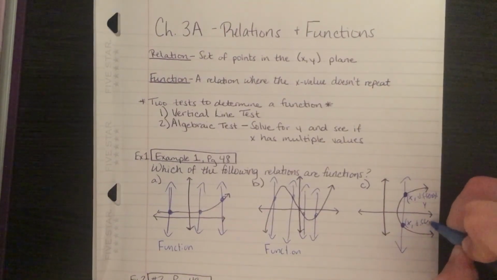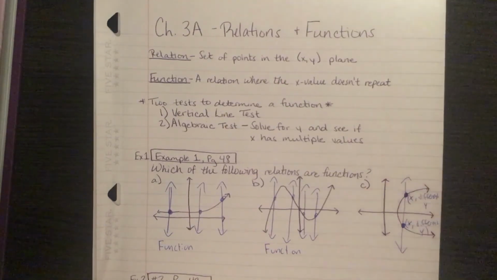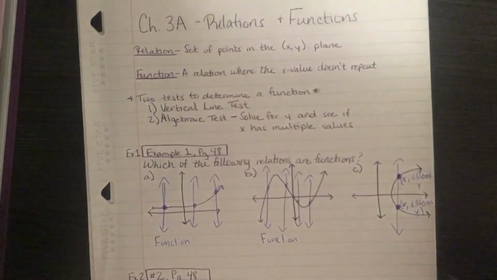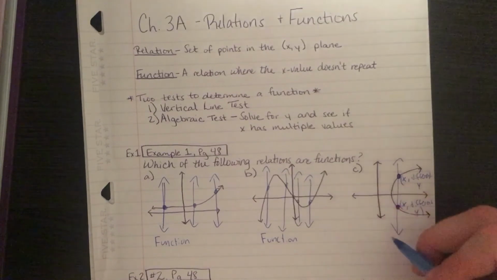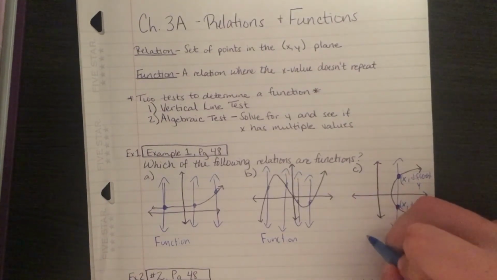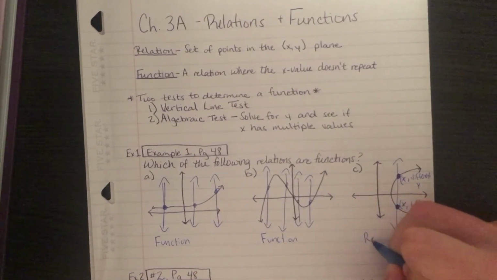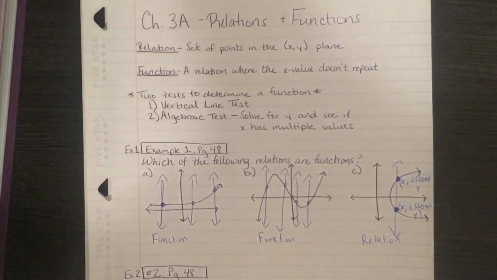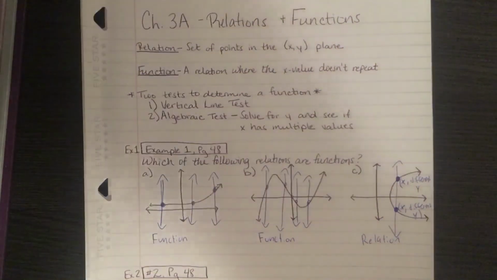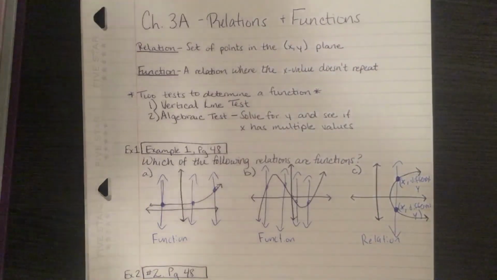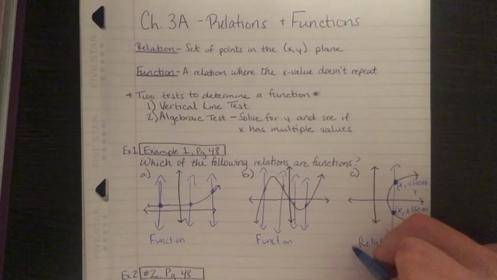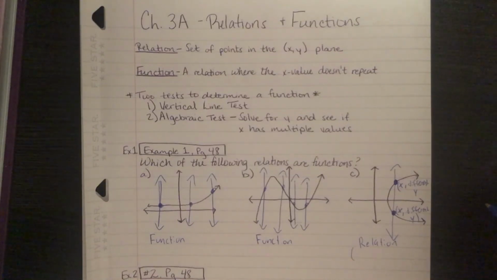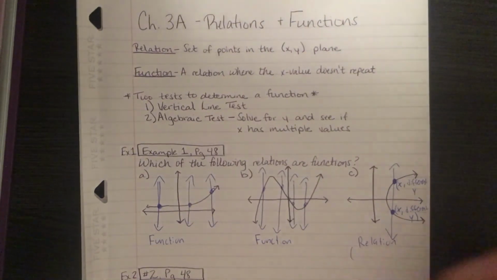And that is the definition of not being a function. So we would just say that this is just a relation. I'm going to write relation because every function is a relation, but not every relation is a function. Excuse me, not every relation is a function, but every function is a relation.